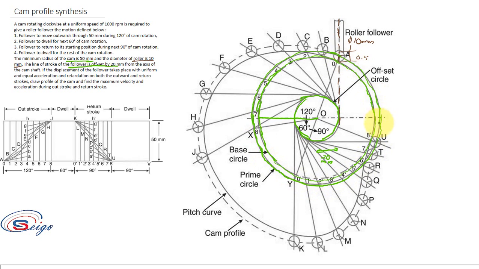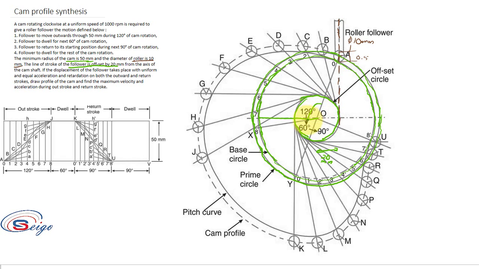Okay. After that you have to mark the theta outstroke, dwell, theta return stroke, and the dwell period in this diagram. Okay. So first of all the theta outstroke is of 120 degree. So from this OA, the line OA, you have to mark 120 degree.